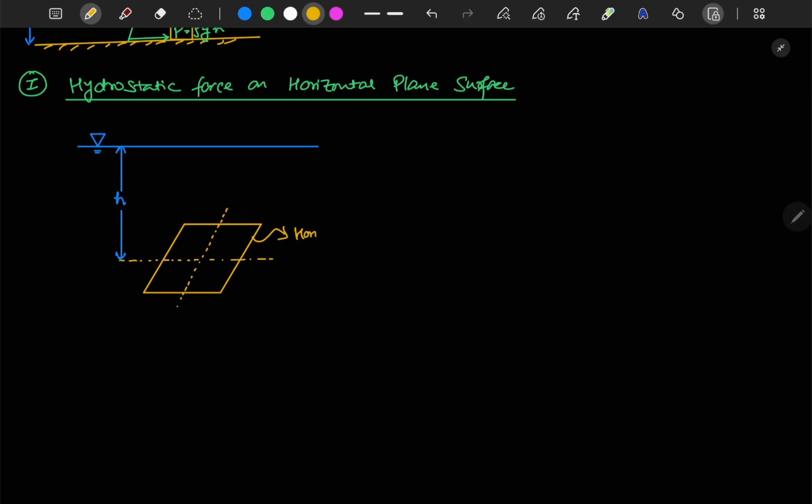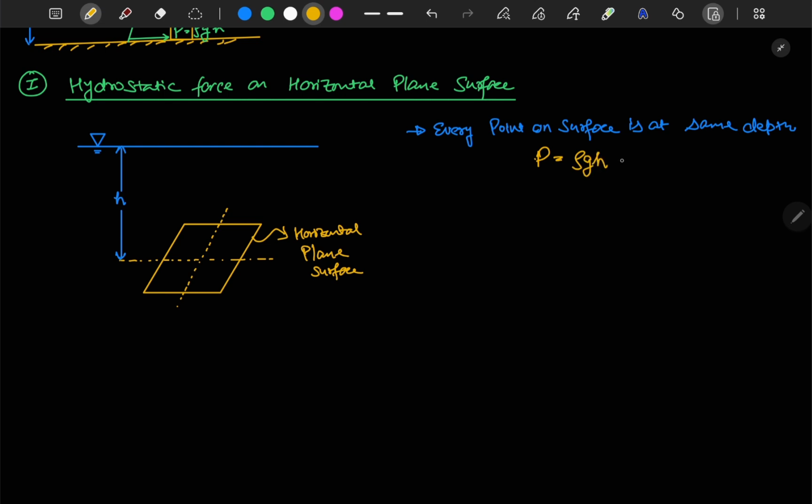This is your horizontal plane surface. Here, every point on the surface is at the same depth, so the pressure at any point will be equal to rho g h, or you can also write it as specific weight times h, that is gamma h.